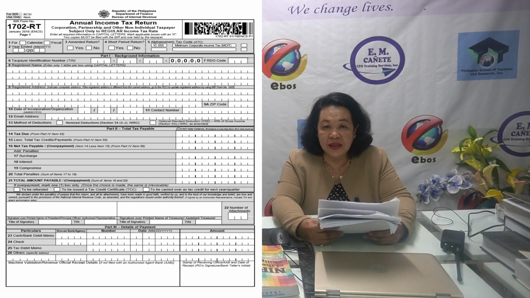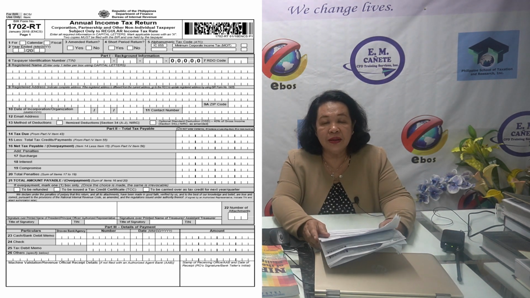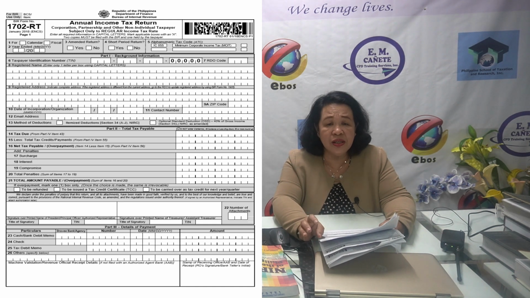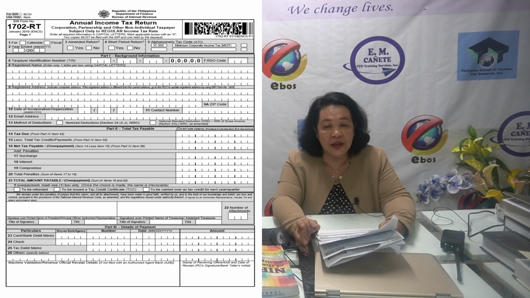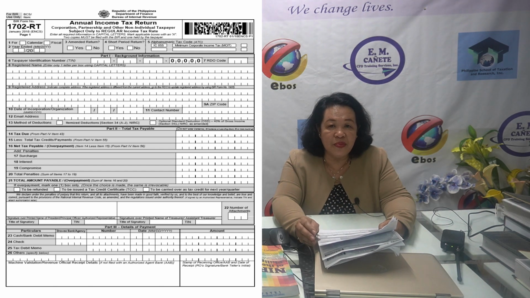And what are the penalties? If the reason for not filing in time is not willful or justifiable, then we only have the 25% surcharge. But if it is intentional on the part of the taxpayer not to pay the tax on time, then it will incur 50% surcharge.